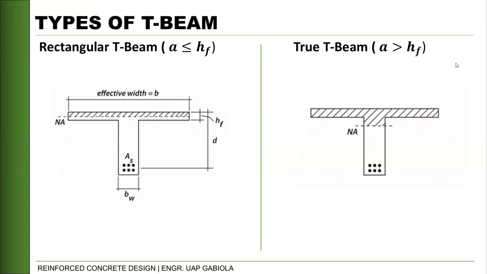And kapag true T-beam siya, wala naman masyadong nabago, no? Ang basically nag-change is yung pag-identify ng distance of the compression block and with our tension force. Identify lang natin yung distance na to. Let's call it z. Okay?